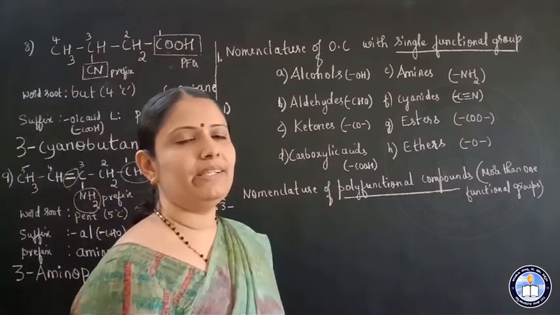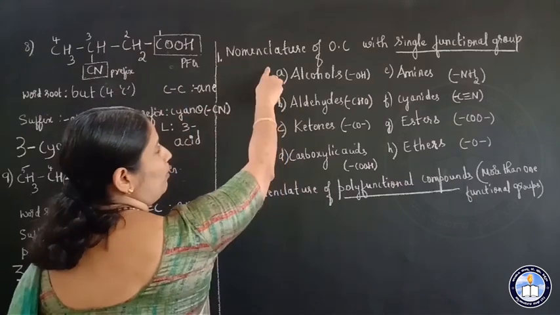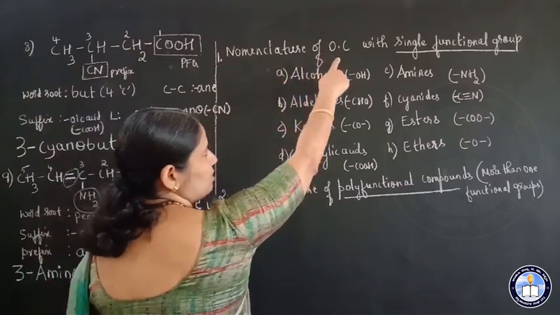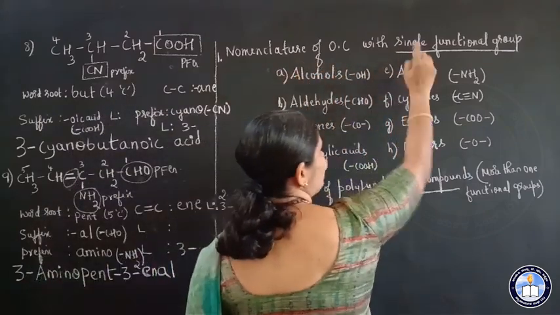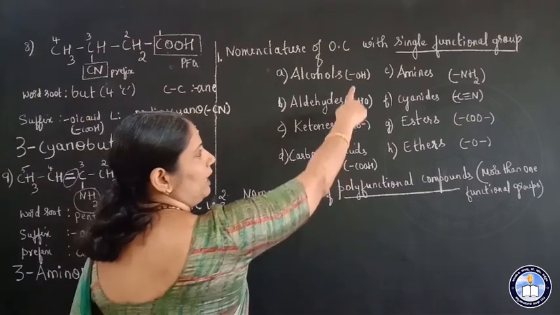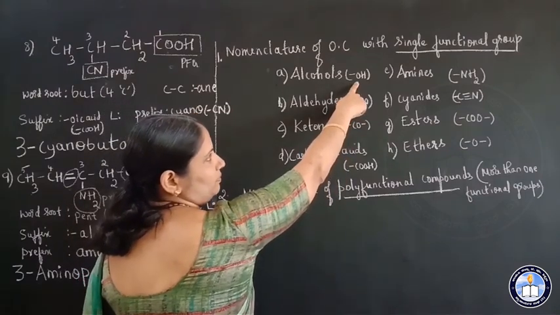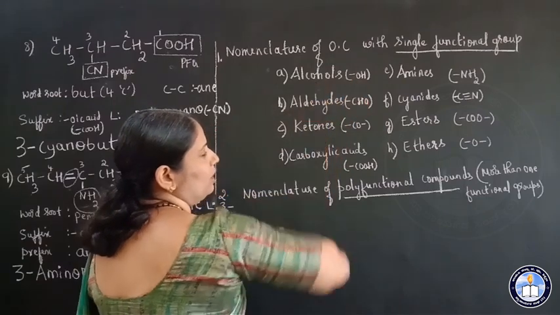Now we will revise today what we have studied. So we studied the nomenclature of organic compounds. OC means organic compound with single functional group. So organic compound having OH group, if OH group is attached to the alkyl group, class of compound is alcohols.